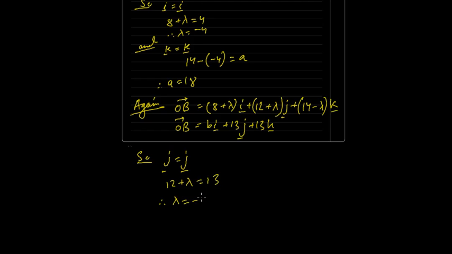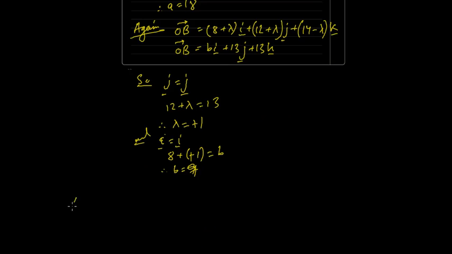Therefore lambda equals to minus 1, and i gives me 8 plus lambda, lambda is minus 1, equals to b. Therefore b equals to 7. So wait a minute, this is 13 minus 12, this should be plus 1, so lambda will be plus 1, and this should be 9. Now it's alright. Let's restate the answer. Answer: a equals to 18, b equals to 9.